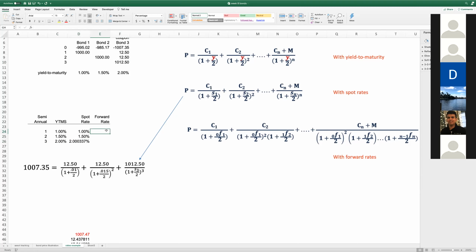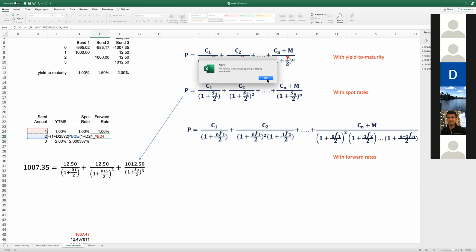We could also find the forward rates, and you did this in your homework, and it's the same formula again. Raised to the 2. I made a bunch of errors in my formula. Let me correct those.